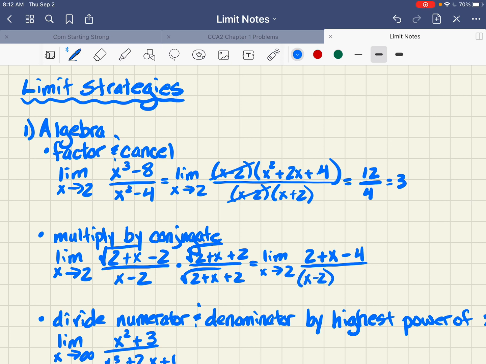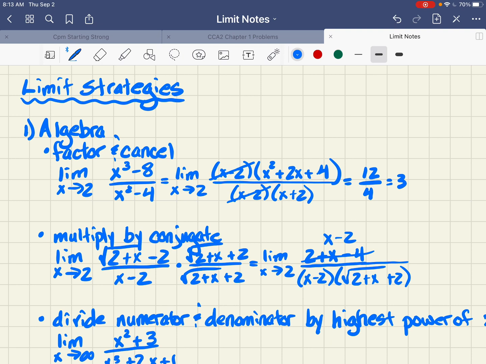We're going to trust the process here. And then this is square root of 2 plus x plus 2. So multiplying by the conjugate is a little bit of a leap of faith that it's going to work out. All right, so if we look at the numerator, 2 plus x minus 4 simplifies to x minus 2, and now we see something beautiful.